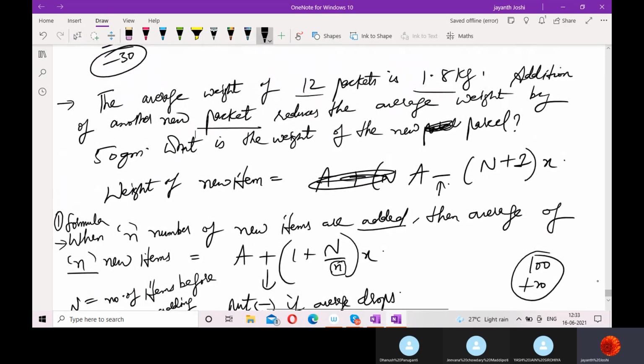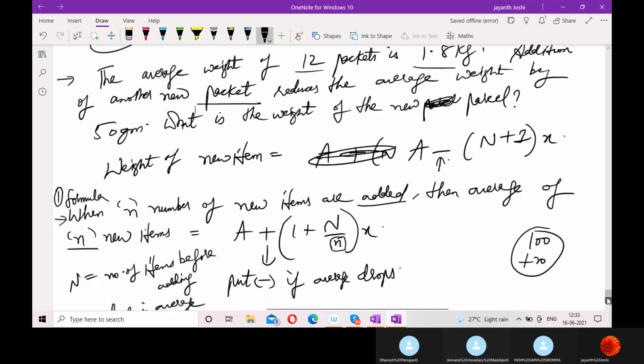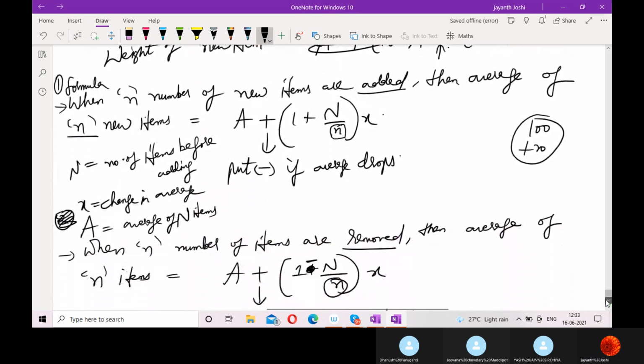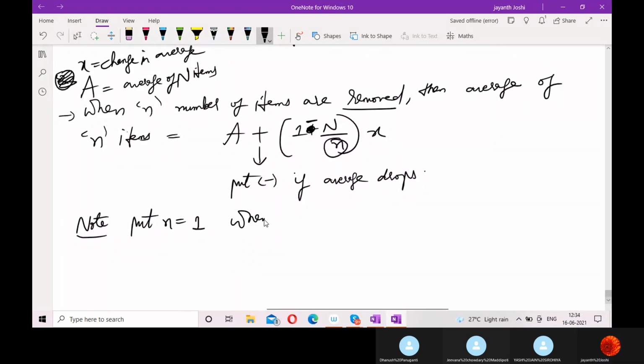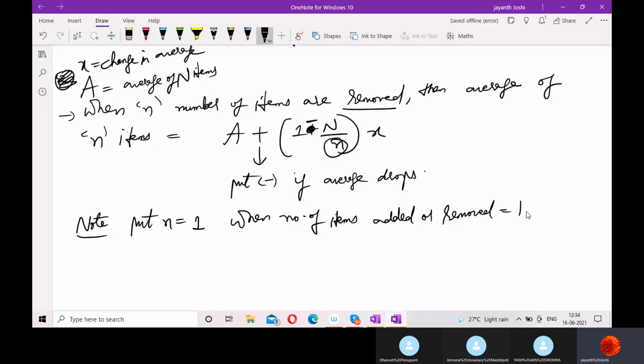One packet only you are adding, so we are putting 1. That is 1 by 1. The number of items added or removed is equal to 1. So in our example also, we have taken 1 for this entire thing. Why? Because it is only one item which we are adding and removing.